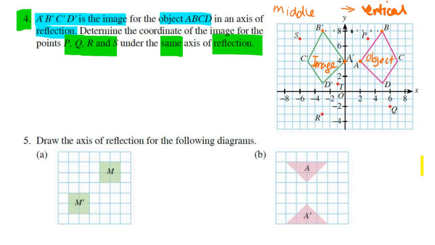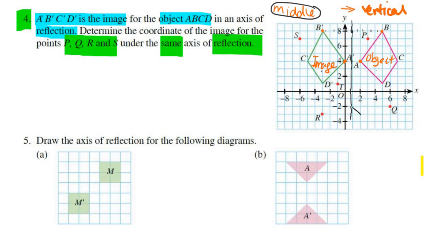When you join one midpoint to another midpoint, you will find that it is actually your axis of reflection. In other words, when you join the midpoints, you find the middle line for the object and image.